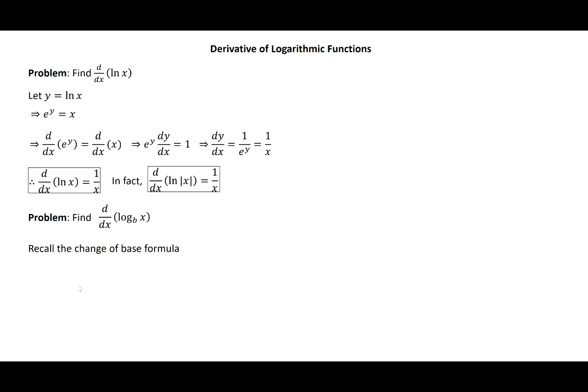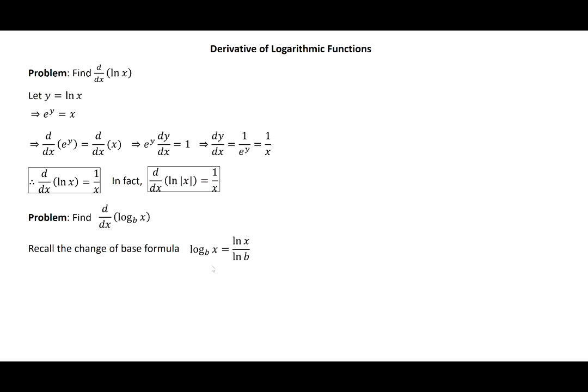What is the change of base formula? If you have log base b of x, you can change the base from b to whatever you want. For example, conveniently, we could change it to e, right? And when you do that, you can write log base b of x as natural log of x over natural log of b.